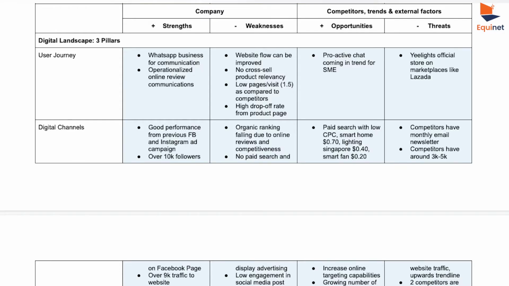Moving on to the next section, this is where you need to evaluate your company's strengths and weaknesses against opportunities and threats from competitors and trends against the 3 pillars of digital marketing. For user journey, look at how your user journey and experience flows and what excelled or what needs improvement.